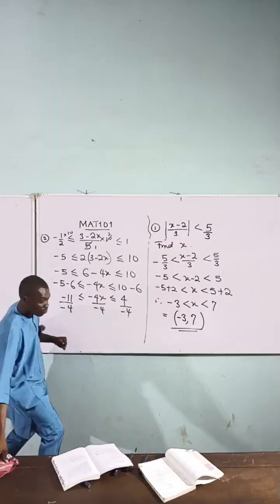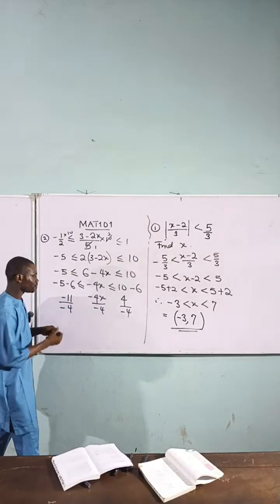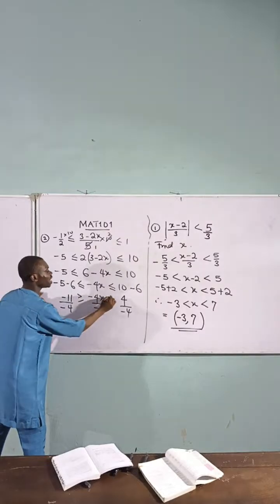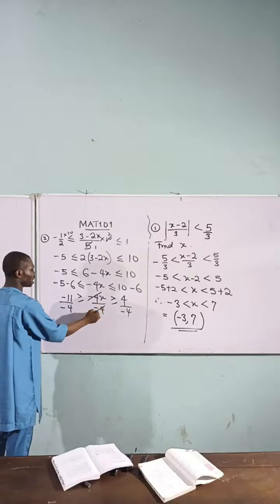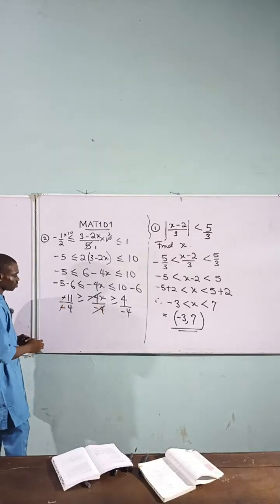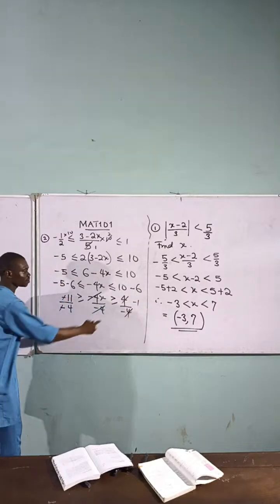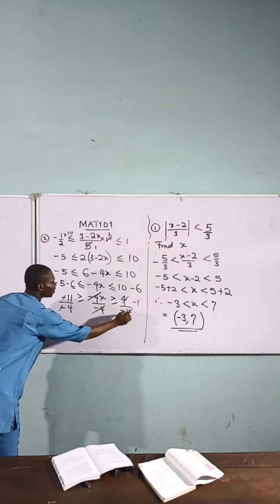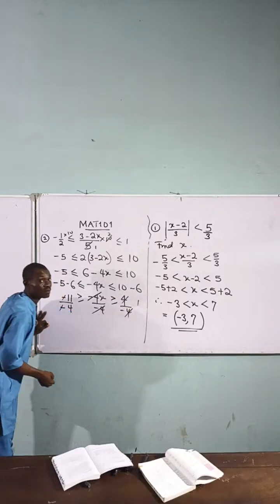So here now I'm going to have greater or equal to. So this will cancel out this, and then this will take away this. Here will now give you minus 1, okay? So this minus will now make it minus 1.